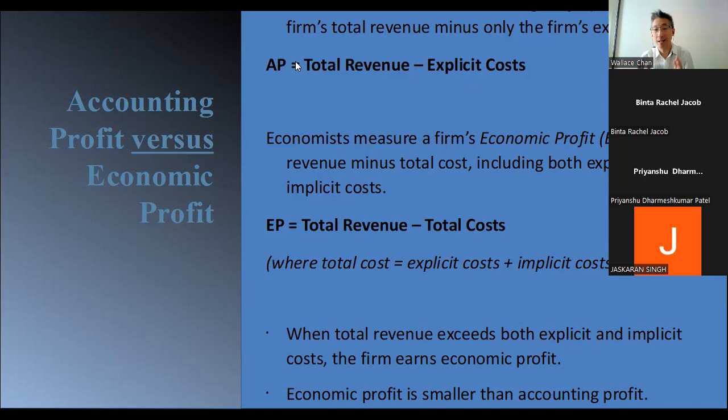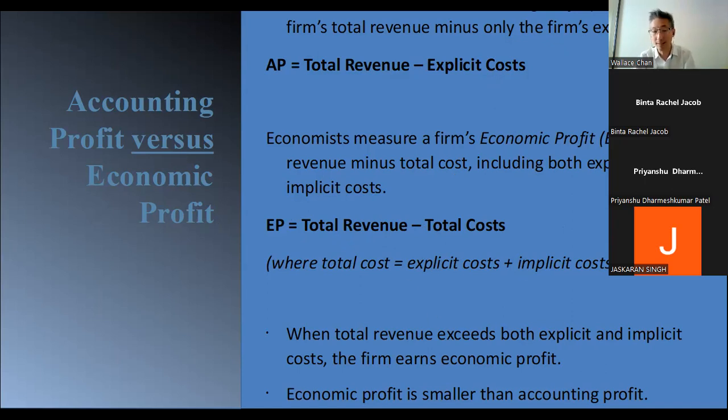We call that accounting profit. On the other hand, economists have a different perspective. They say that when you calculate the profit, you have to subtract not only the explicit cost, but also the implicit cost. We call that the economic profit.